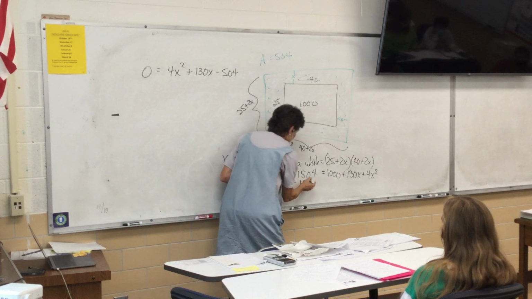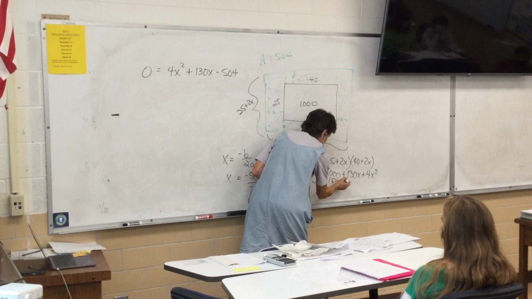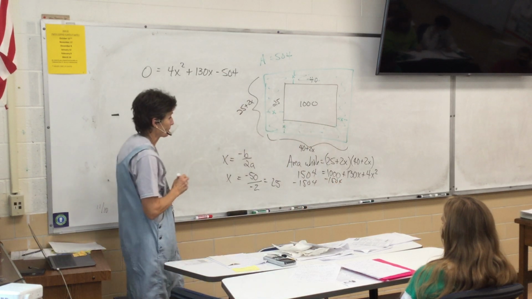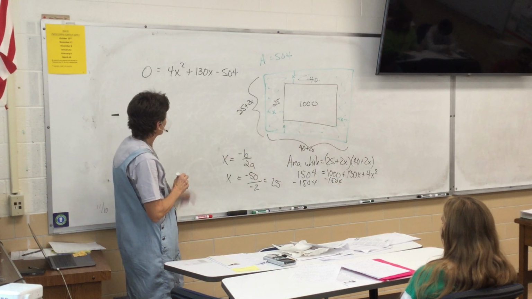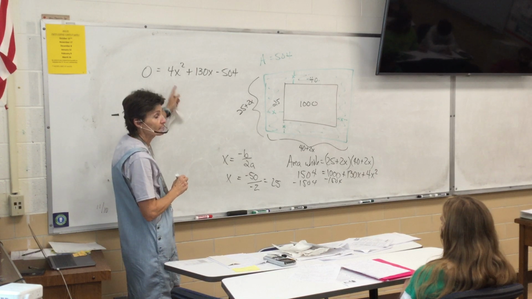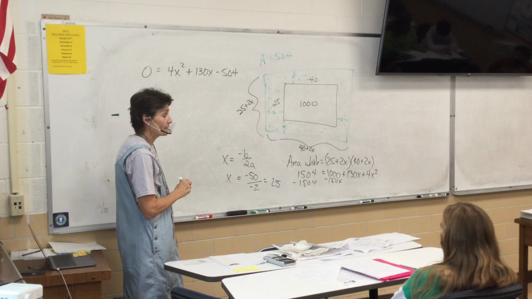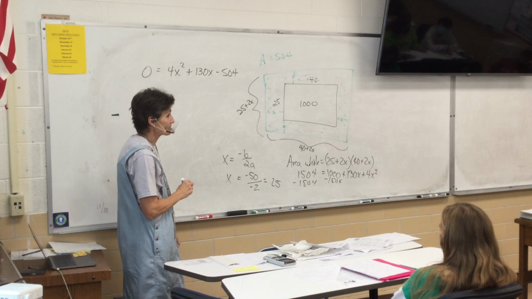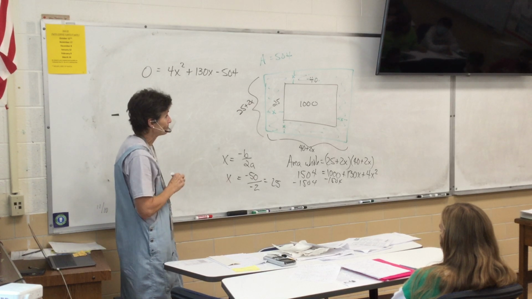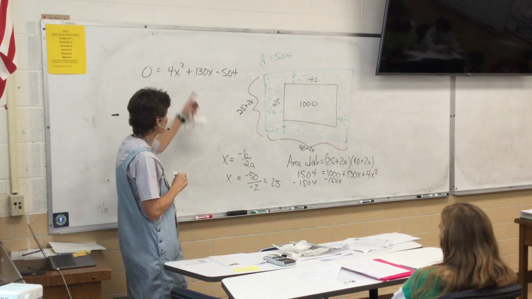If I subtract this from both sides, now I got a quadratic that's in standard form. And I want to know when it equals 0. What do I do with that?